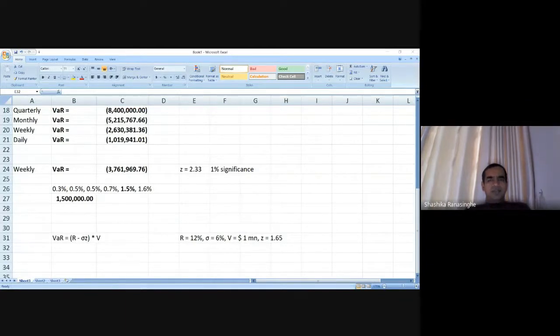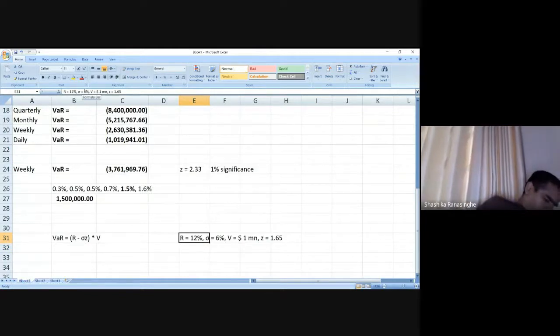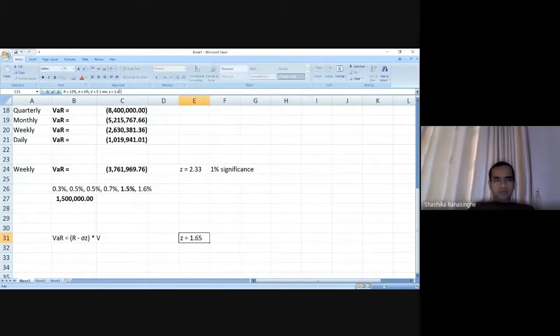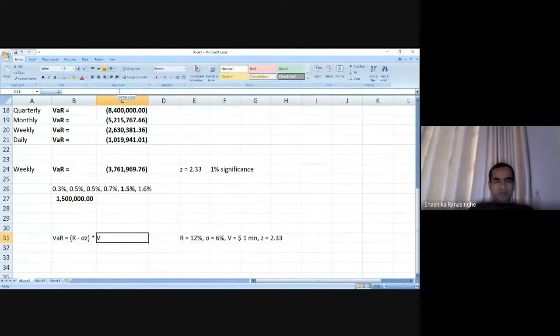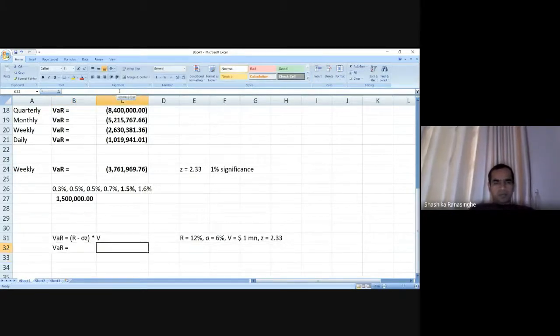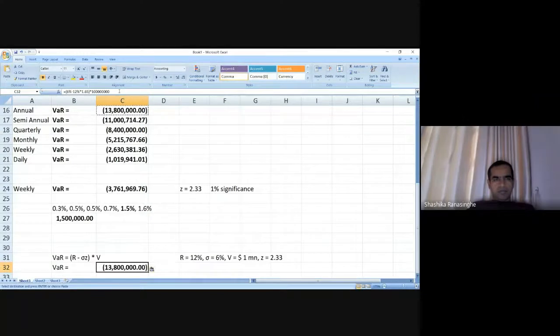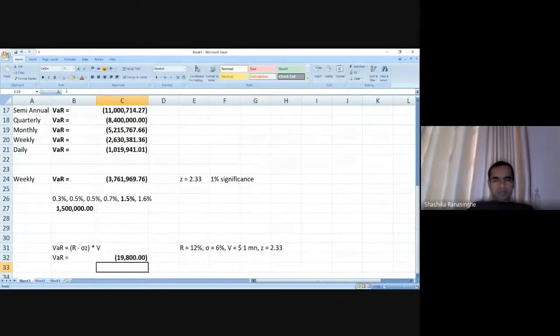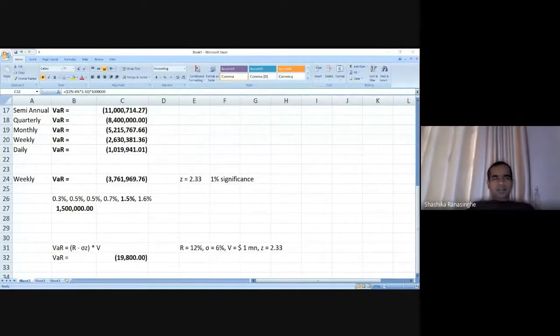Then Z score at 99% probability is 2.33. The value at risk is 19,800. Right, so answer is B.